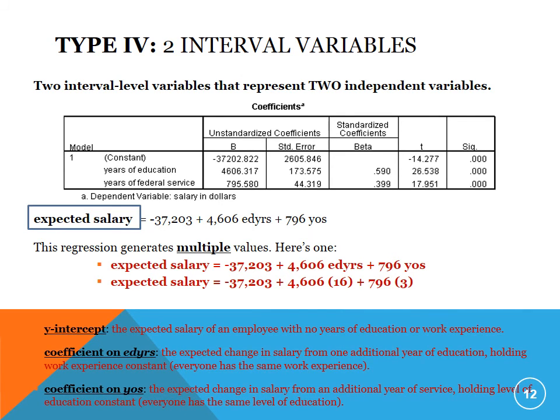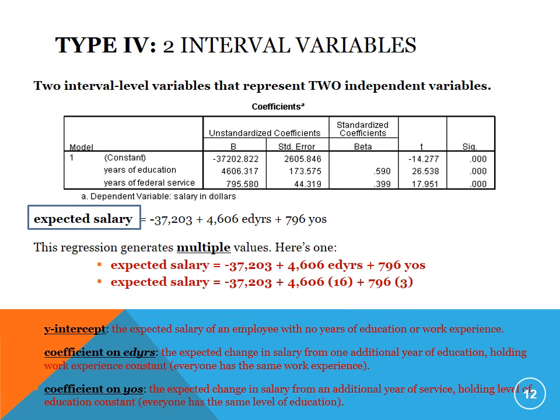So the y-intercept you should interpret as the expected salary of an employee with no years of education and also no work experience. Years of education is 0, years of service is 0, and that's our y-intercept. You're actually not making yourself any money.